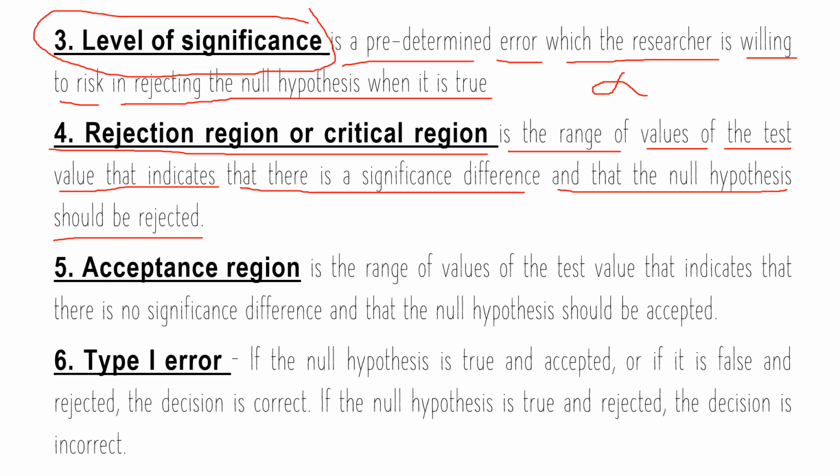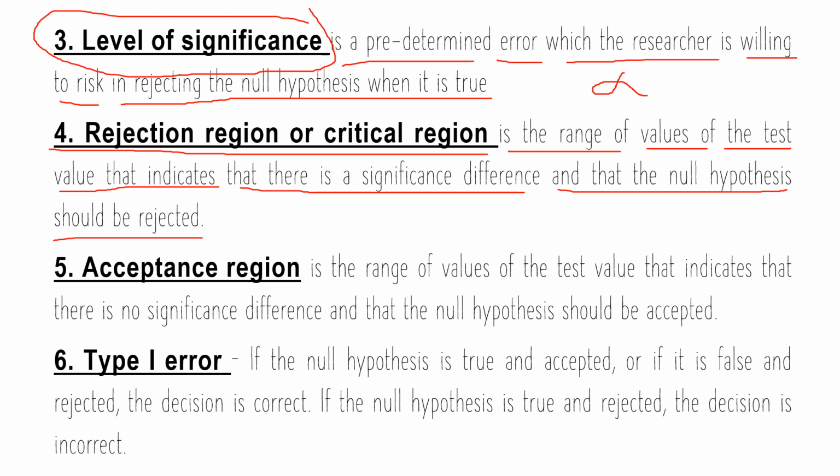Now, if the computed value, for example your computed z or your computed t value, falls under the critical region, you're going to reject your null hypothesis and accept your alternative hypothesis.